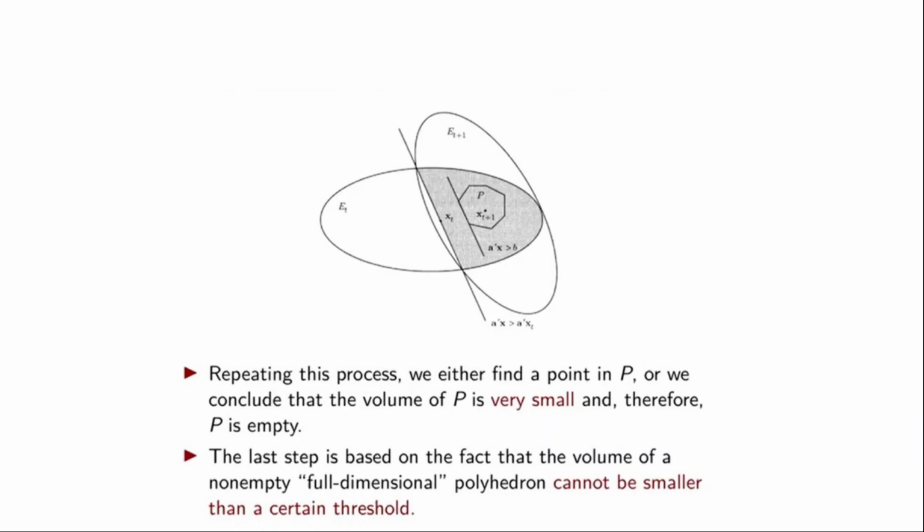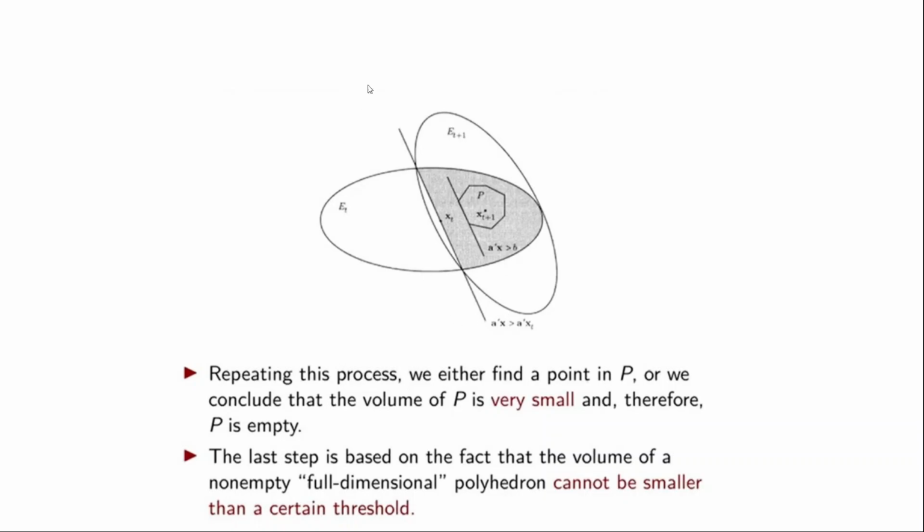Since it is non-empty and full dimensional, there is a threshold of the volume of the polyhedron P. That is, the volume of the polyhedron P cannot be lesser than a particular value.